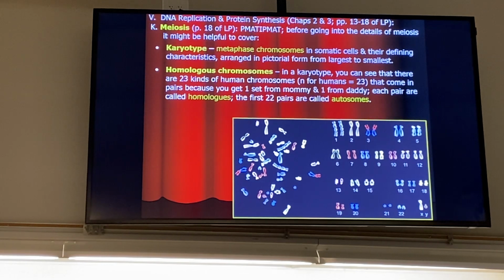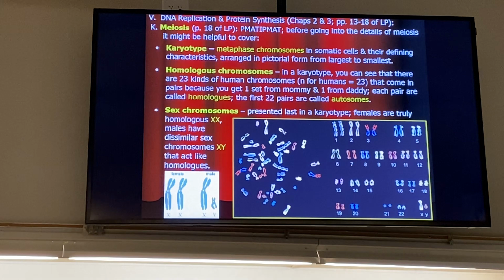All right, the pairs are called homologous chromosomes because they come in pairs, so the 2 number ones are homologous. They're sometimes referred to as homologs for short. The first 22 pairs are called autosomes. The 23rd pair are called the sex chromosomes, with females being truly homologous XX and males having an X and a Y, this Y being this stunted little piece of DNA which has no genes crucial to life.